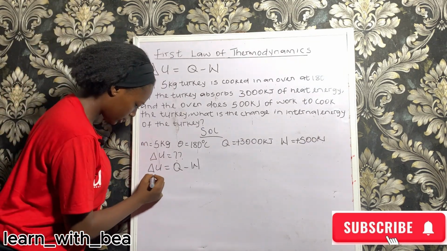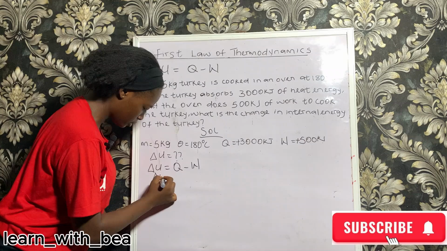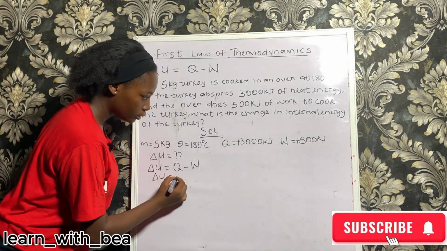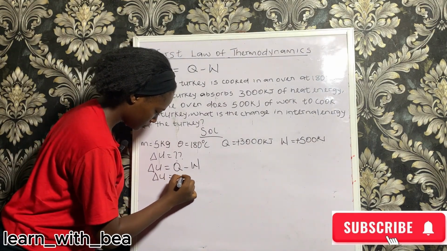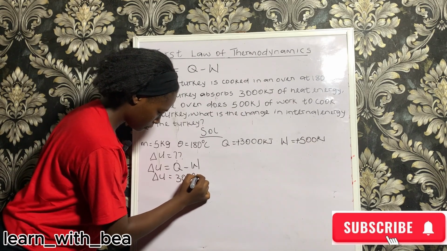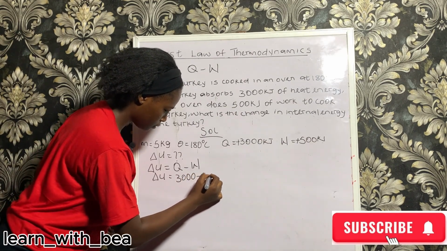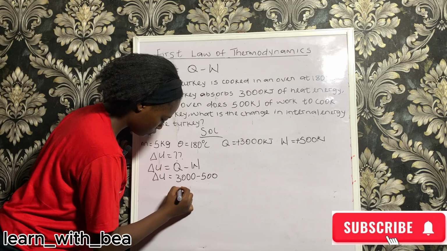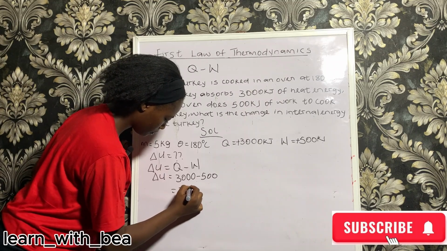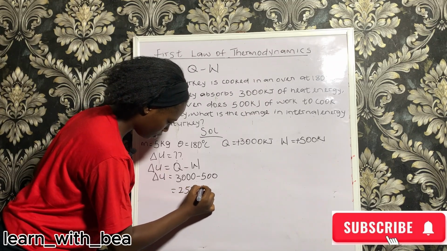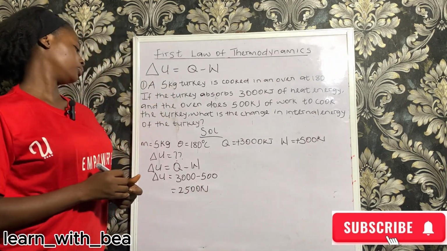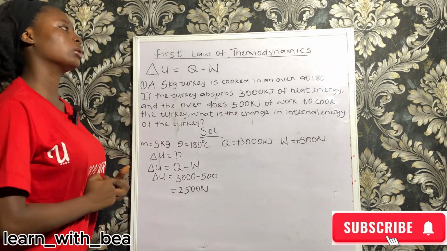So now our delta U, we can easily calculate our delta U to be 3000 minus 500, which will be 2500 kilojoule. So that's that for this particular question.